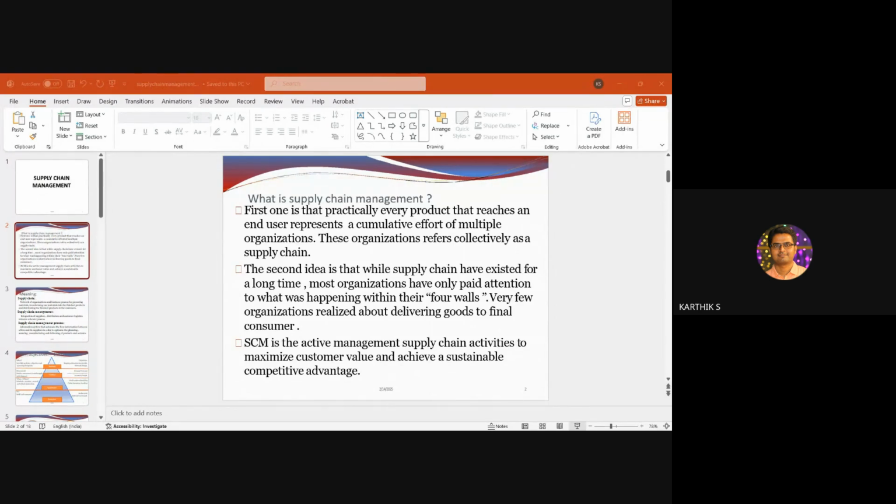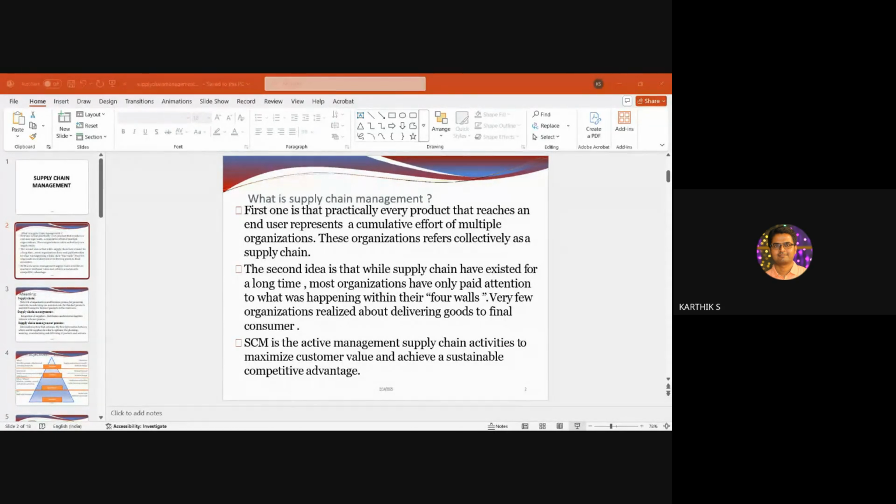So many companies started going beyond these four walls. Most organizations have only paid attention to what was happening within their four walls. So supply chain is active management activities to ensure that customer value is achieved and a sustainable edge has been maintained.